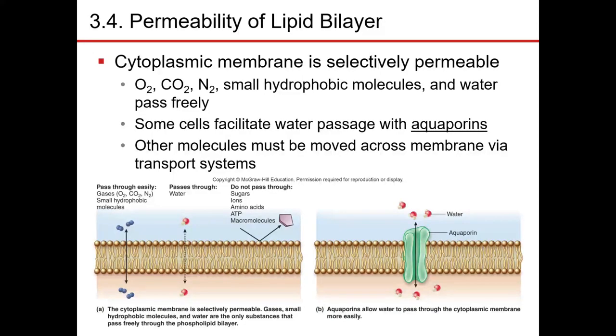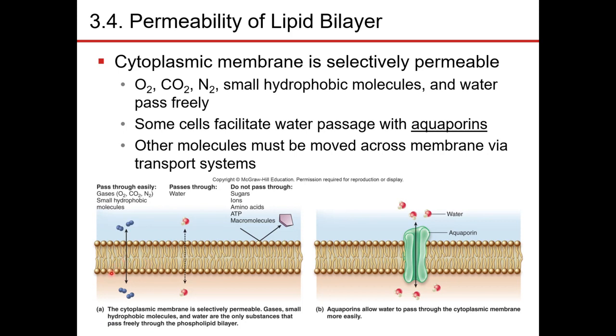Let's now consider the semi-permeable capabilities of the plasma membrane and why it is designed specifically to be so. As I've mentioned earlier, smaller molecules such as carbon dioxide and oxygen, even water, have the ability to pass through the plasma membrane freely, without requiring any additional help.